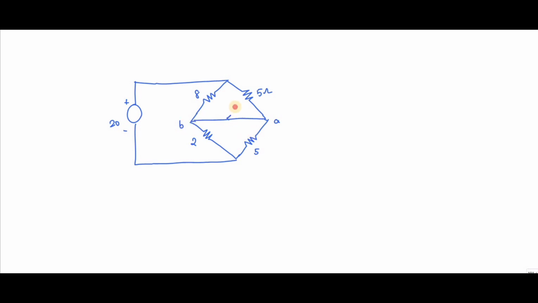So let me explain why there is no use in finding the current using Norton's theorem. You know the equivalent circuit of Norton's theorem, right? The current source is connected in parallel with the resistor RTH and the resistance which we need to find, right? So it is nothing but a straight line.